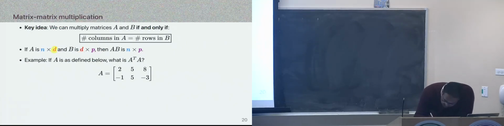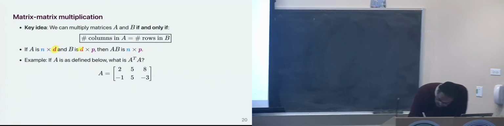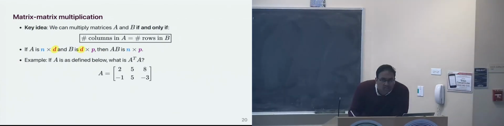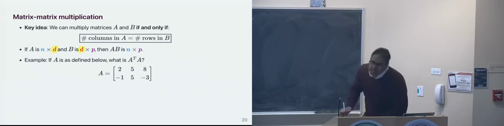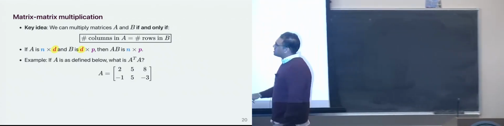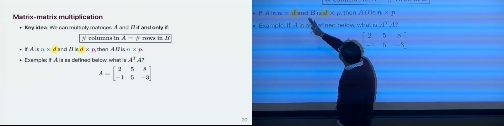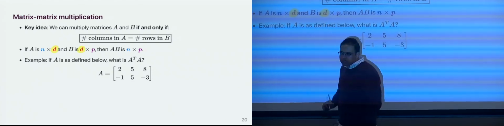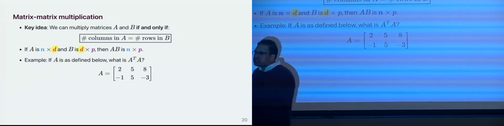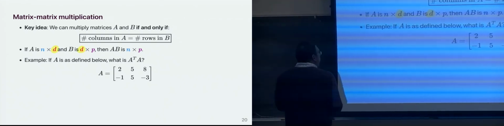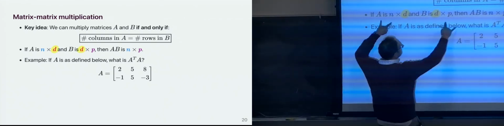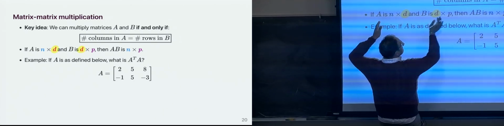These inner dimensions need to match: columns in A equals rows in B. And when you multiply A by B, the result will be the outer dimensions, that is, n rows and p columns.